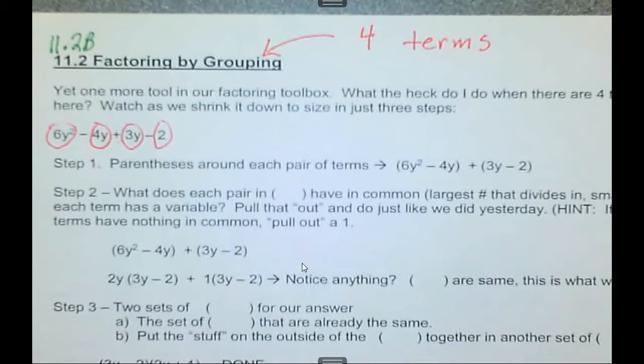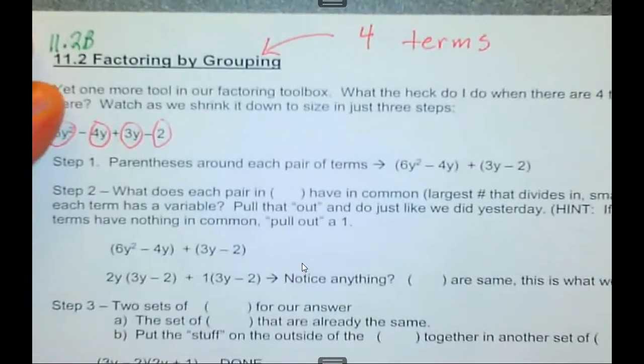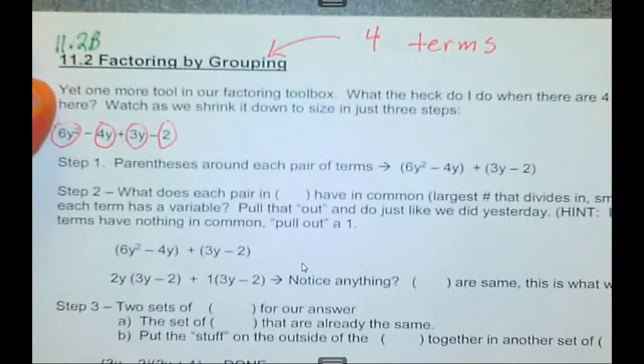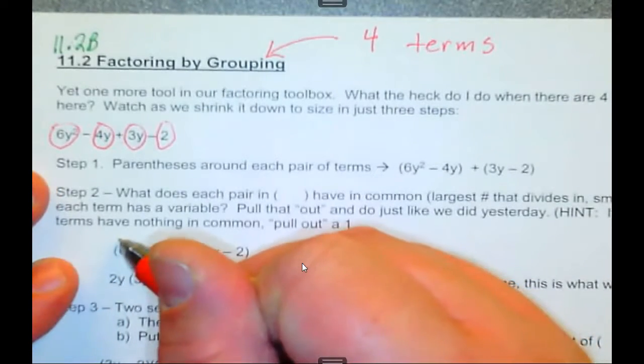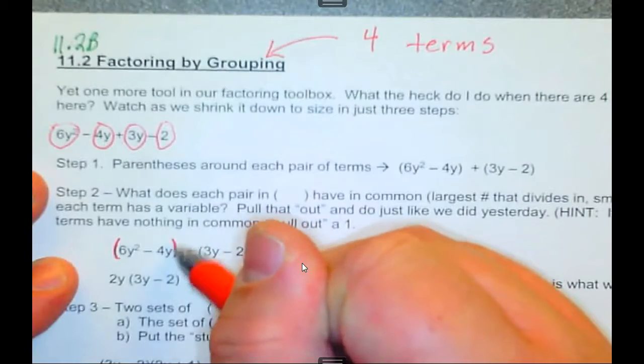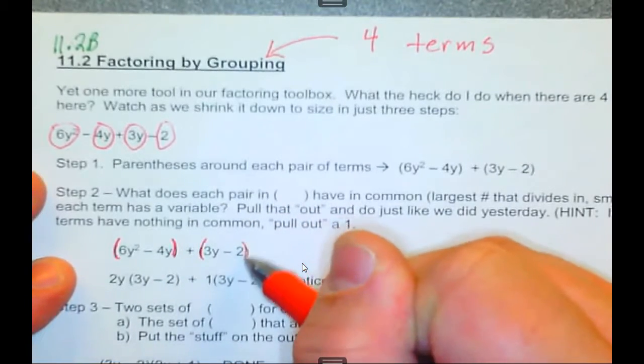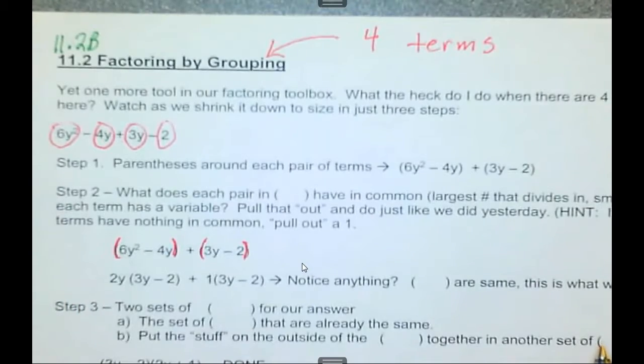Since you guys are all experts, because we just took a quiz yesterday on getting the greatest common factor out and doing what's left over, or what I like to call undistributing. It's really not a mathematical technique, but I'm going to say it. So we have our 6y squared minus 4y that we grouped, and then our plus 3y minus 2 that we grouped, and then do what we did on the quiz yesterday.